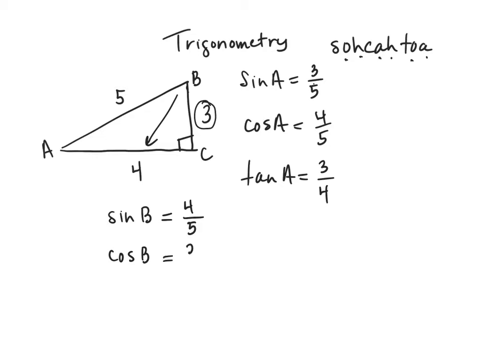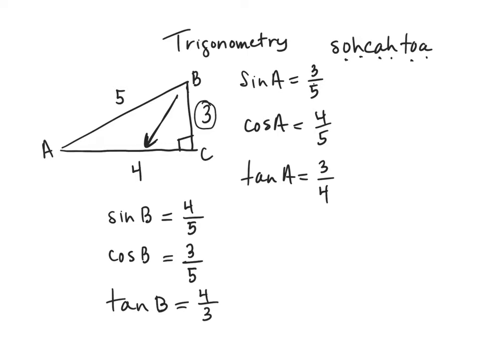Cosine, again, is adjacent over hypotenuse, 3 over 5. And the tangent of angle B is opposite over adjacent. Opposite angle B is 4, and the adjacent side is never the hypotenuse, it's the other side, the one next to, so 4 over 3.